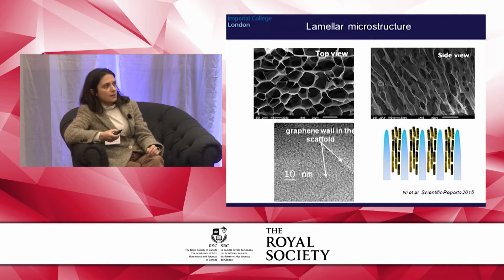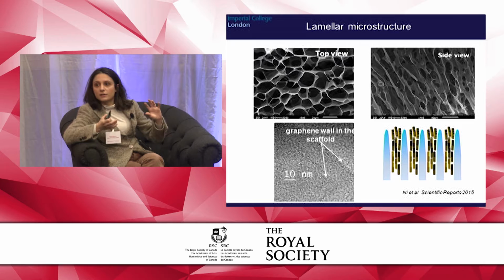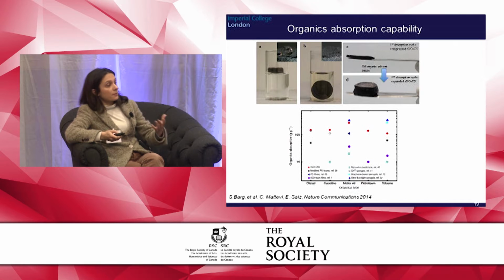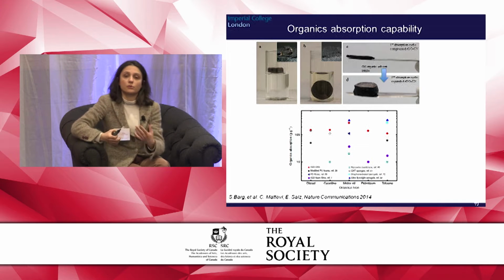So here we have an example, again using electron microscope, of the side view of the structure and the top view. So obviously these two different structures, lamellar versus cellular, have very different mechanical properties and also electrical properties. One example of the application of this 3-dimensional construct is for oil absorption.